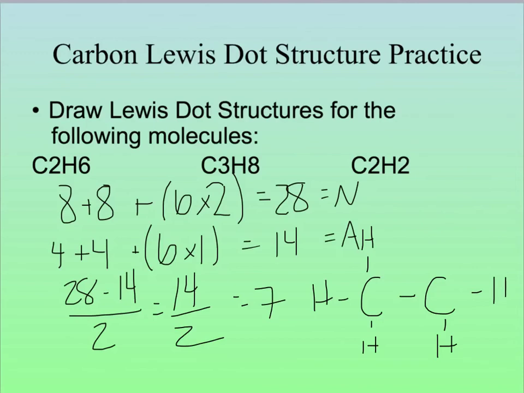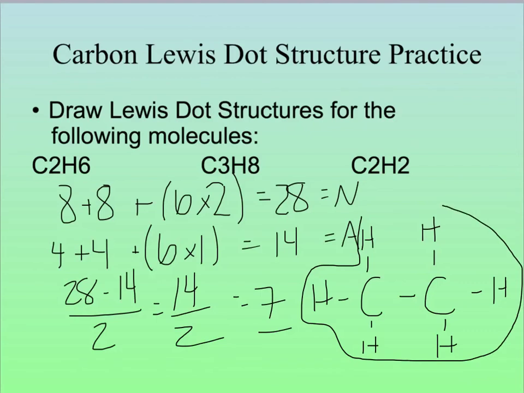I've got a total of 6 hydrogens, so I'm going to give 3 to each one of them, because I want it to be nice and symmetrical. Then I go back and add up whether I've got the 7 bonds I'm supposed to have. 1, 2, 3, 4, 5, 6, 7. So I do have 7 bonds. That's my skeleton structure, my Lewis dot structure for C2H6.